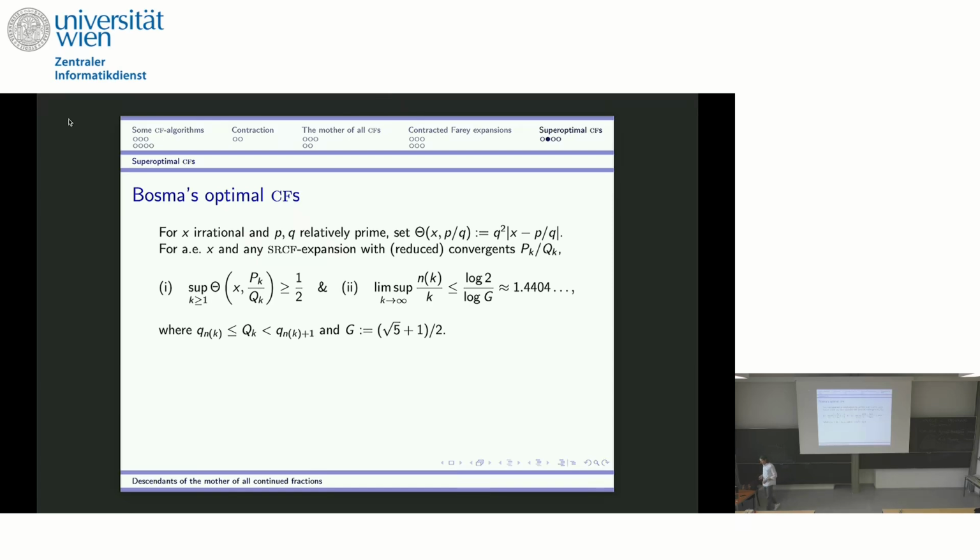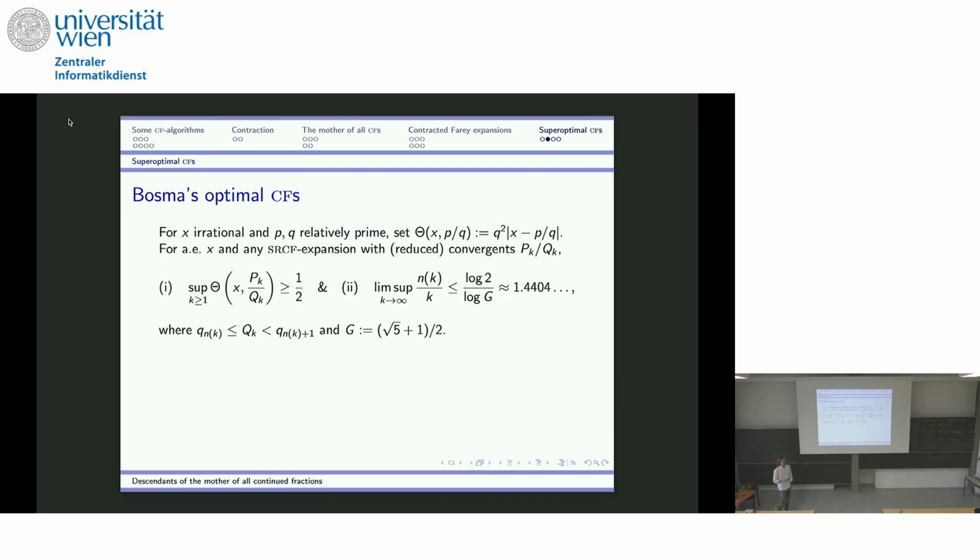One can also show that the semi-regular continued fraction expansions cannot converge too quickly, in the following sense. If we look at the denominator of the semi-regular continued fraction, and look at the regular continued fraction denominators that it sits between, and denote these indices by n of k. Notice if you actually start with the regular continued fraction expansion of x, this n of k would be equal to k.